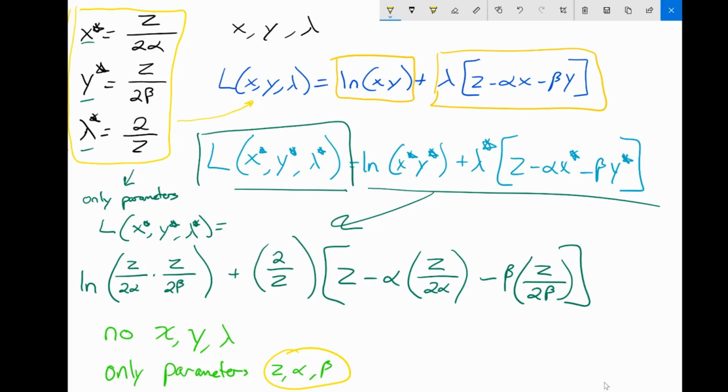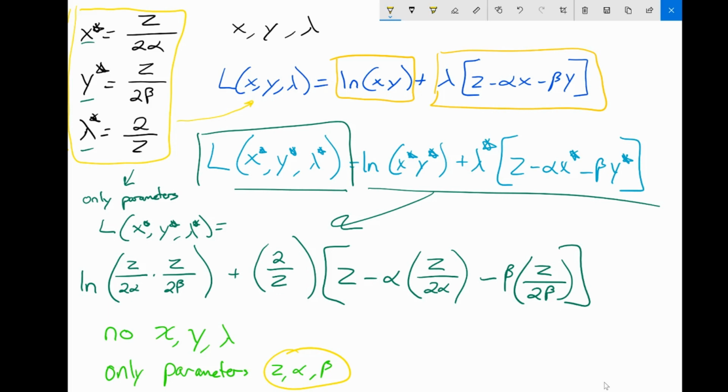If this was a utility function, the maximum level of the constrained objective function, right? We would find the maximum level of the Lagrange function, if we had all of the parameters.